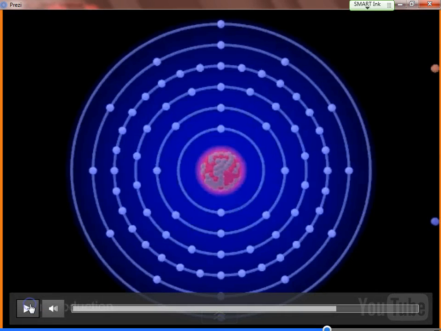The photon strikes the nucleus, which then gives off a pair of particles. Okay? It's a very special pair of particles. Let's just watch that one more time. Okay?